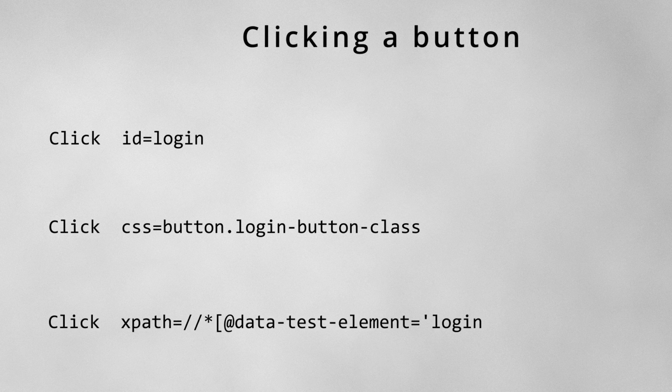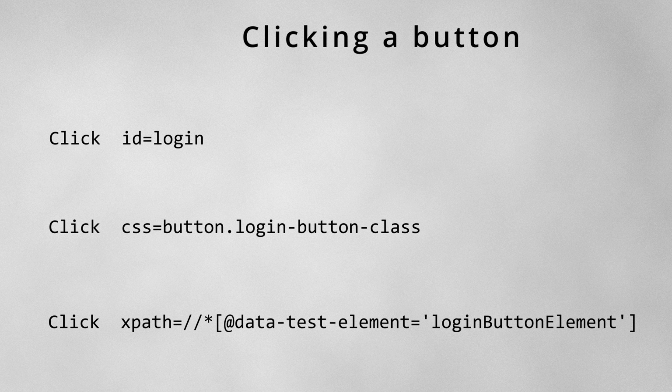XPath is a powerful querying language, originally designed for XML, but it also works well with HTML. It provides even more advanced features than the other two methods. A simple XPath selector is on the screen. More complex XPaths can navigate up and down the DOM tree, select elements based on their text, or find elements by their position.